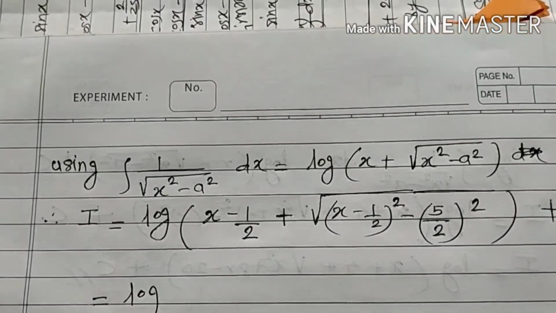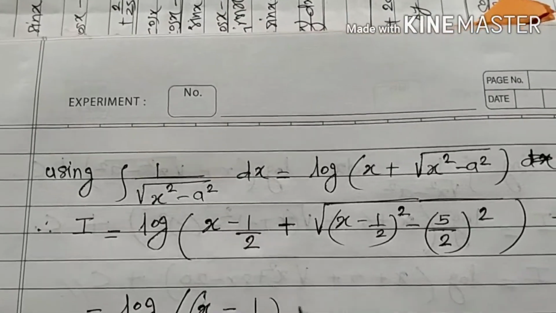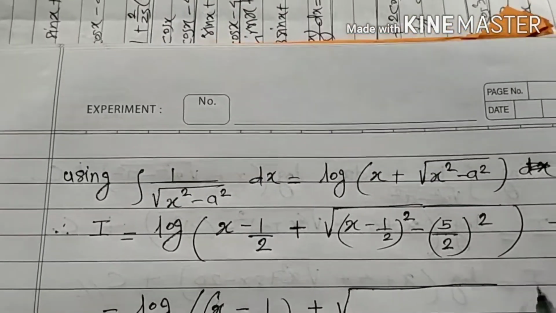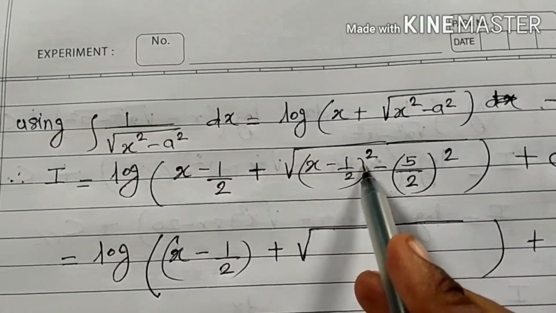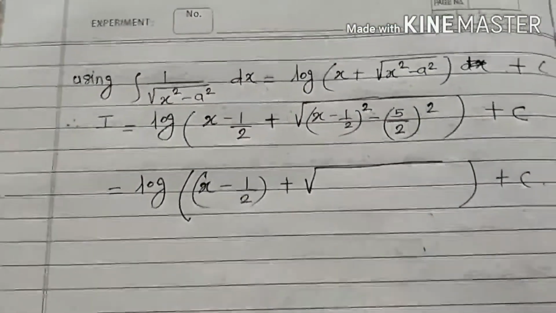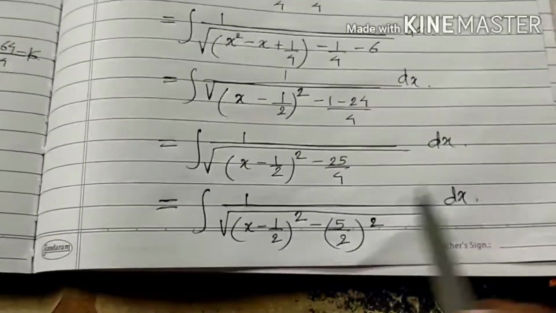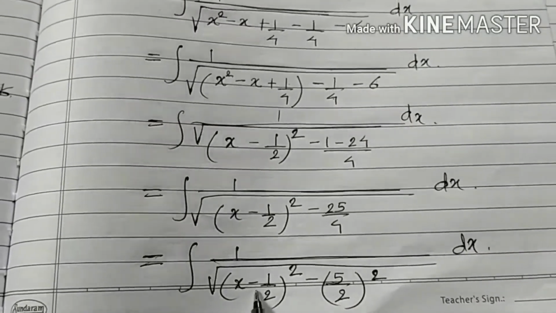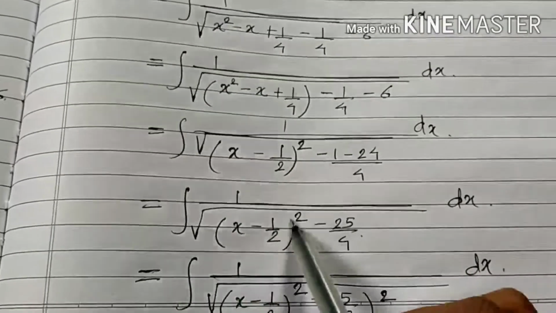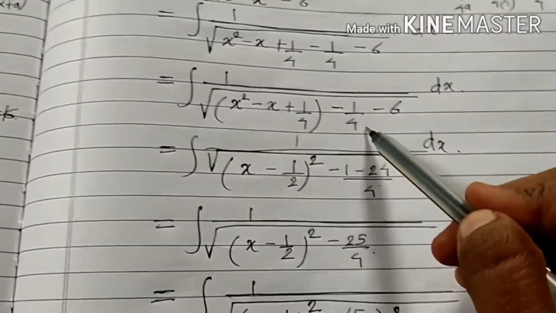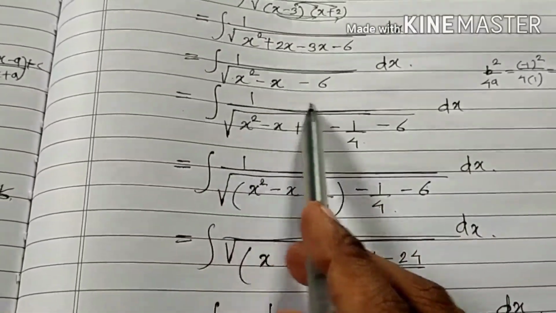So log of x minus 1 by 2 plus under root. Now here some change. This is x minus 1 by 2 square minus 5 by 2 square. So here we can change it by using this. This is equal to, means you can write this instead of this, and last we can write this.